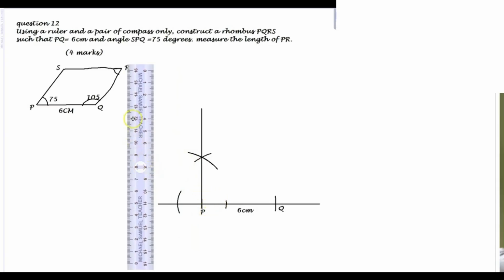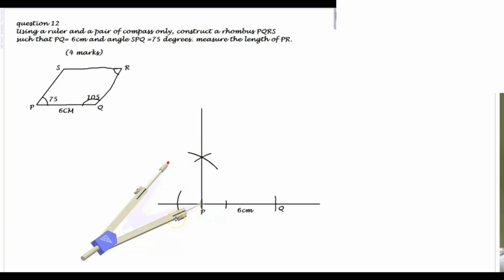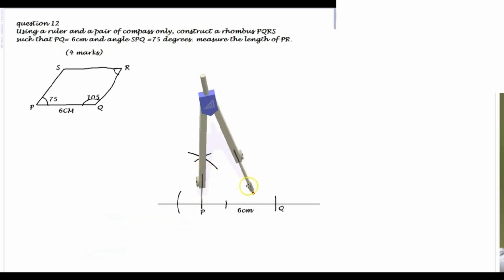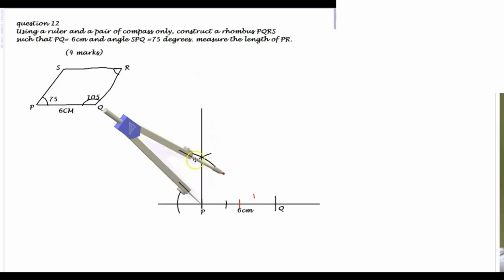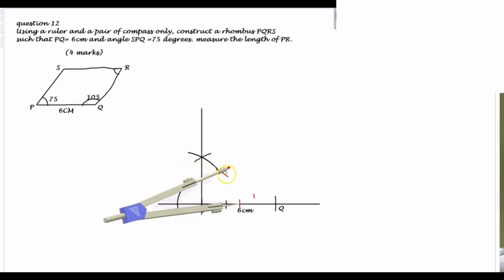So I need to construct an angle of 60 degrees. So I'm going to construct an angle of 60 degrees. Let me adjust. So put an arc there. And also above, maintaining the same radius with this arc as the center, and then put a mark.